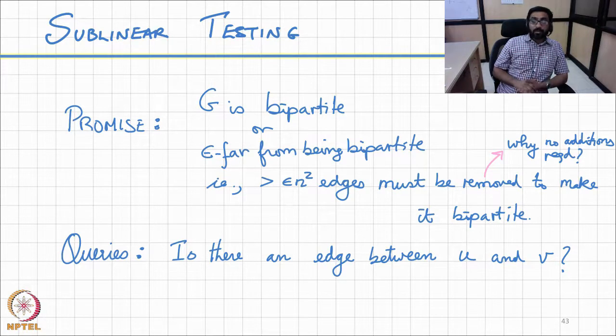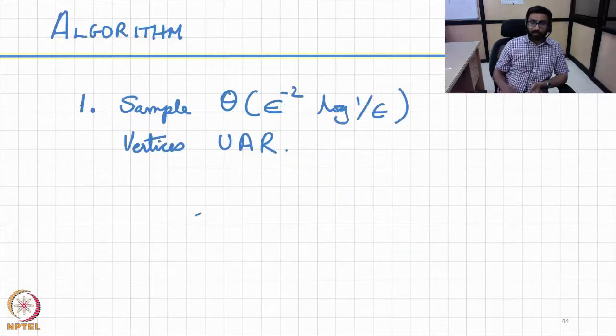So let's, without further ado, look at the algorithm to test whether the graph is bipartite in this sublinear setting. So the algorithm is very simple. We simply sample theta of 1 over epsilon squared times log 1 over epsilon number of vertices uniformly at random.